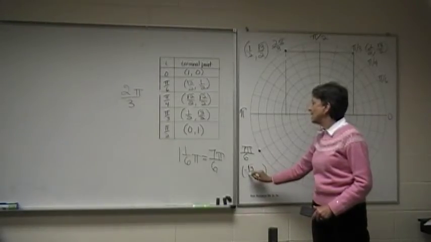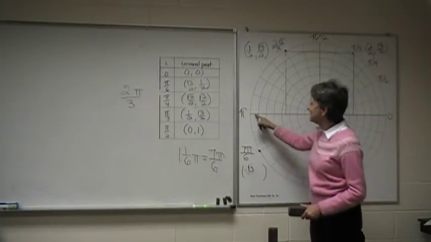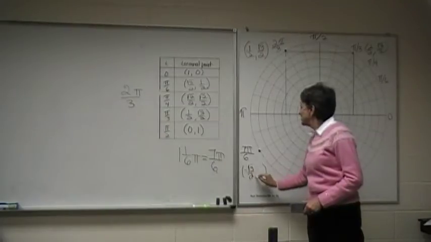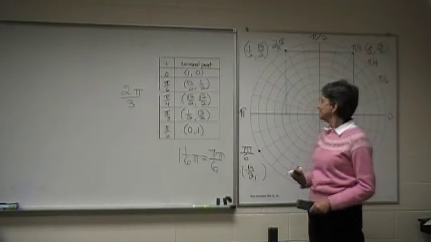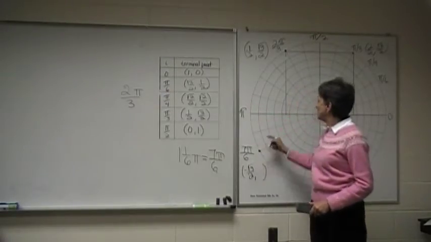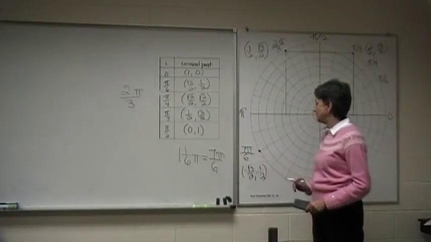I'm sorry, I said that wrong. It's going to be a negative square root of 3 over 2. So that's our x-coordinate. Then we're going to come down 1/2 unit, but because this is the y direction and it's going down, it's negative 1/2.